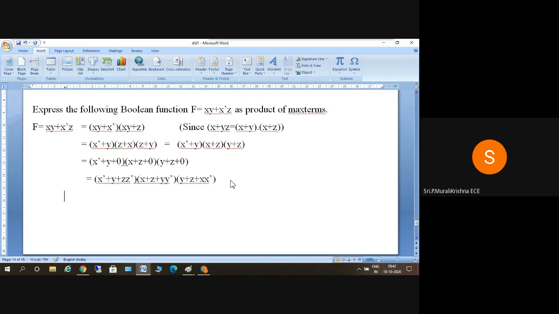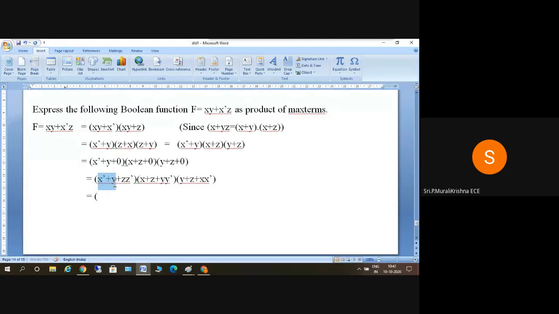Okay, so this can be written as x plus y plus z bar. So what is this? This is x here, and this is yz. x plus yz is equal to (x plus y) into (x plus z). Getting my point here?